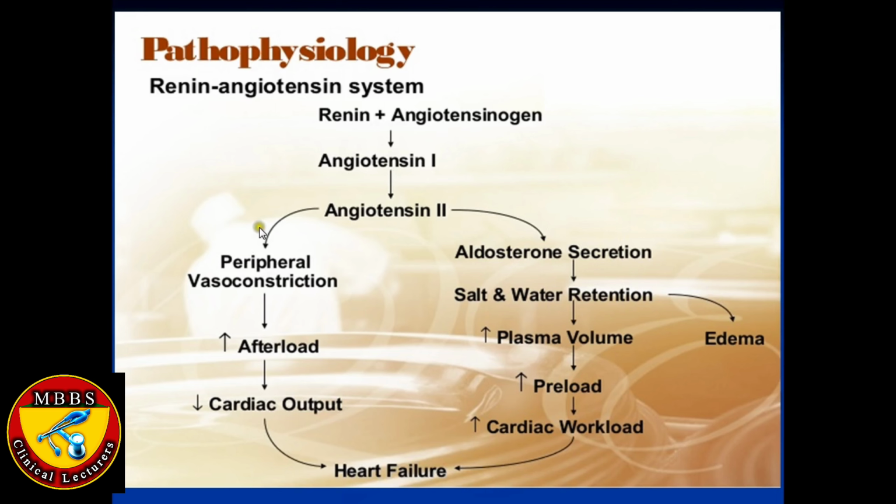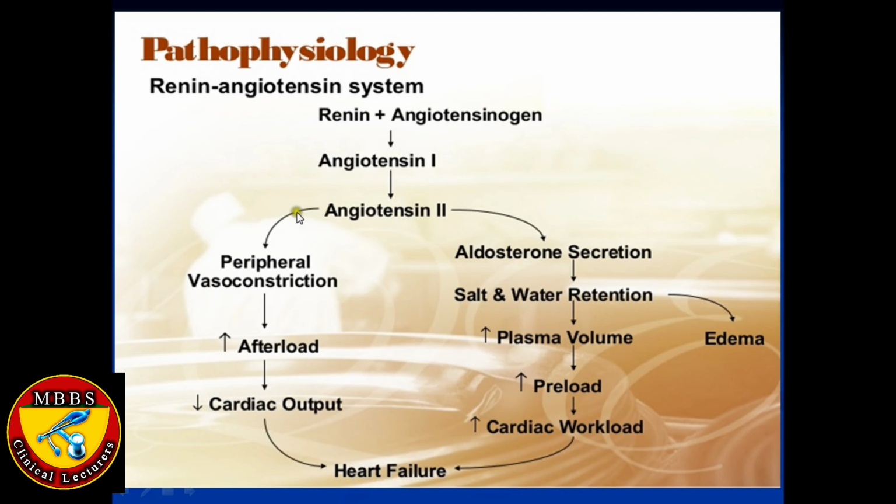This can be easily seen in this diagram, where we can see that whenever there is hypoperfusion of the kidneys, it will give rise to the renin-angiotensin axis activation. That is, renin acts on angiotensinogen to give angiotensin 1, and this angiotensin 1 is transformed into angiotensin 2.